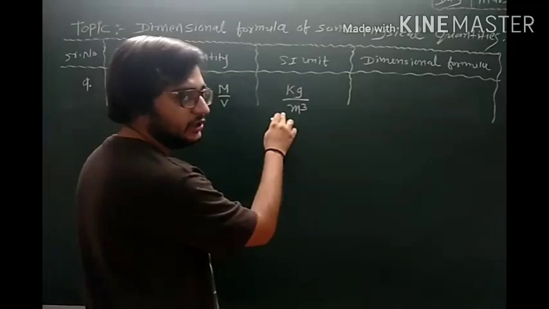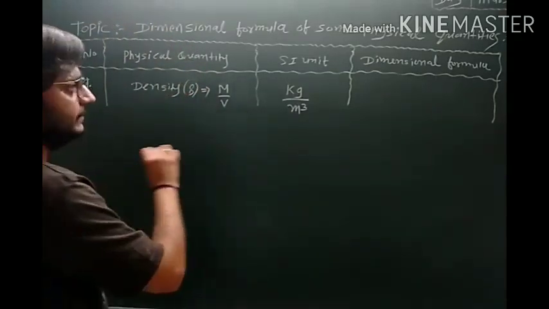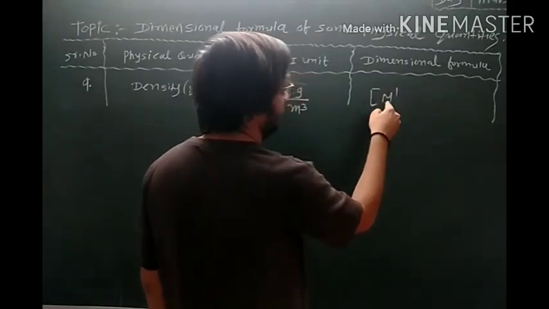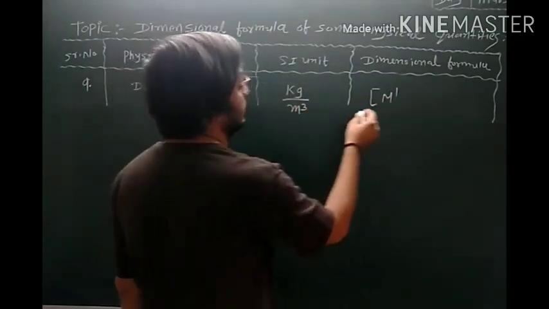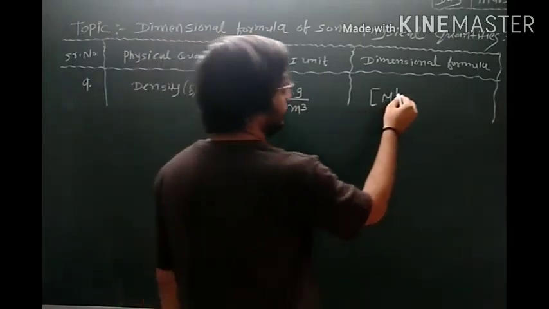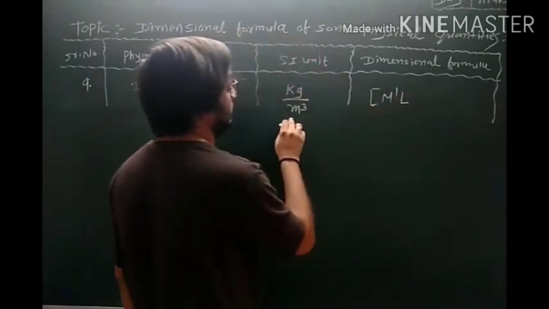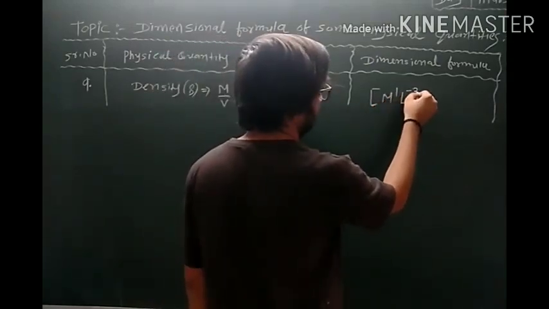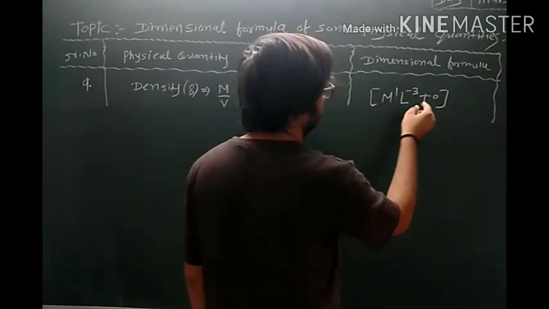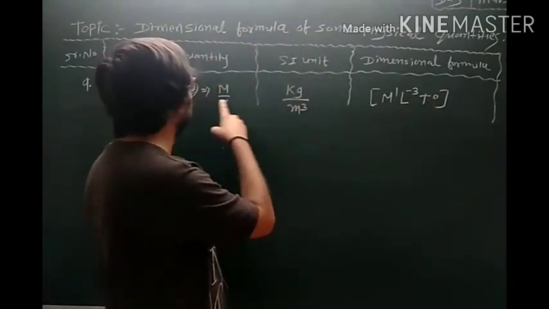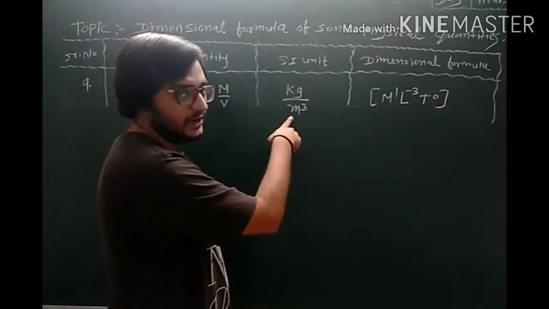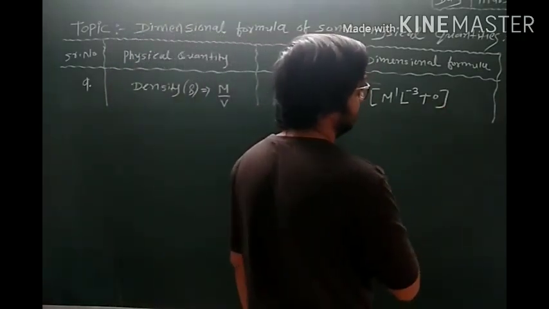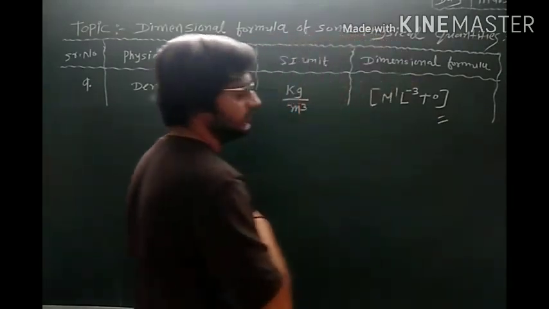So kilogram per meter cube is the SI unit of the density, and the dimensional formula of the density is M^1 L^-3 T^0, because density does not depend on time, so time is dimensionless here. Now write down.